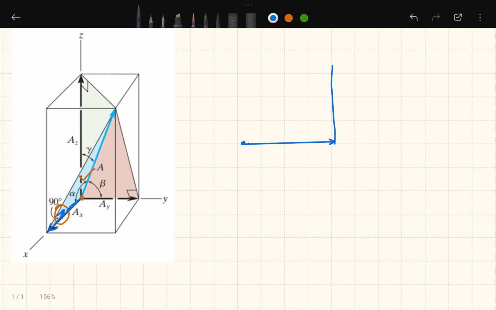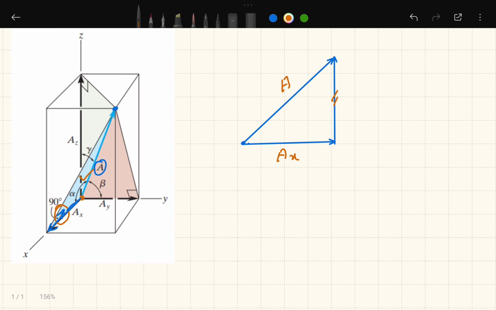So we have the perpendicular component, and that makes you the vector A, from the origin to this point, the resultant of this vector. This is your Ax, the horizontal, and then you have this vertical component. We do not need this at the moment.